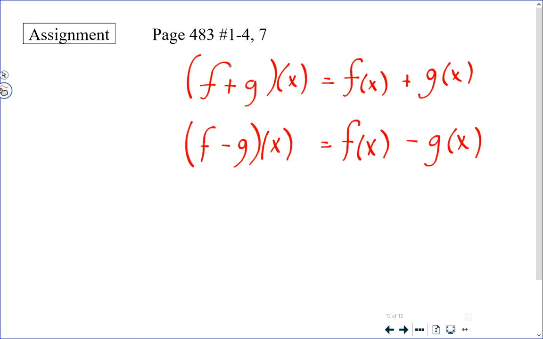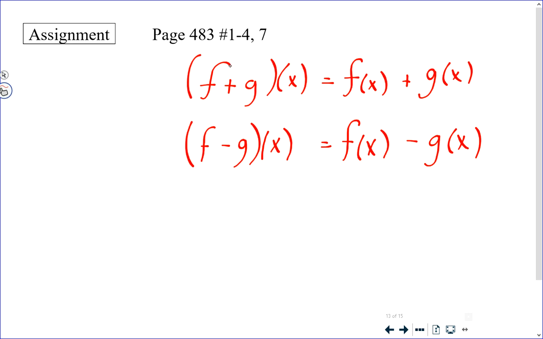And that's probably not a problem. The thing that you really need to understand, though, is that it's the y-coordinates on the graphs that either get added or subtracted. One last note here, it doesn't have to be f and g. I can use any letter I want as labels for these functions.